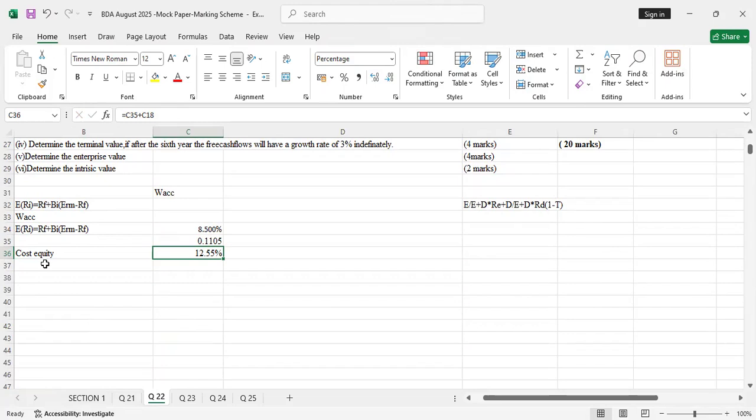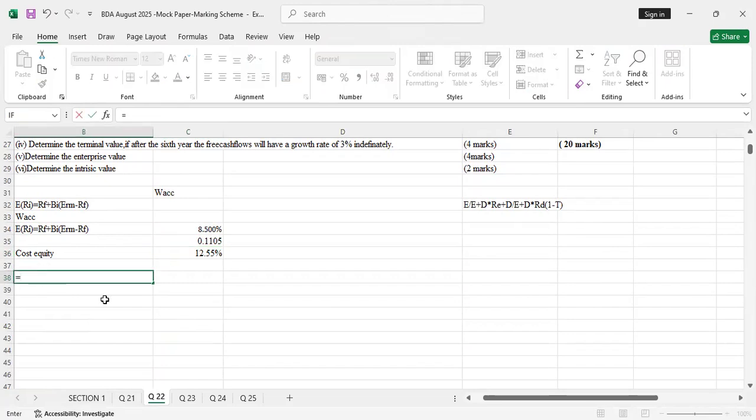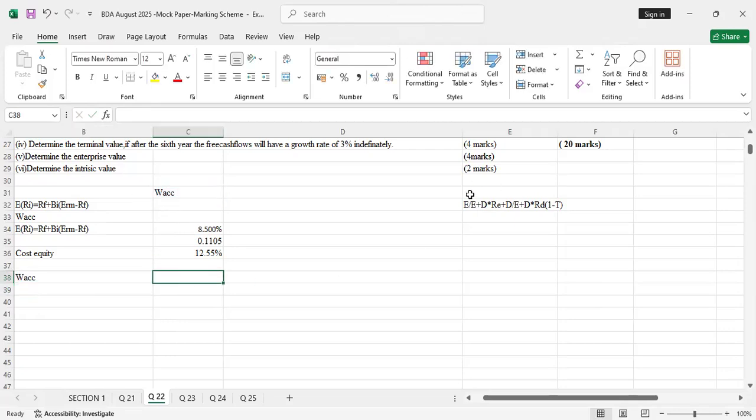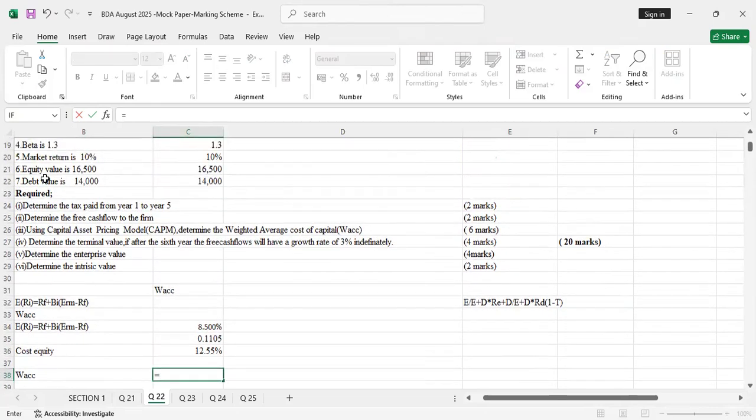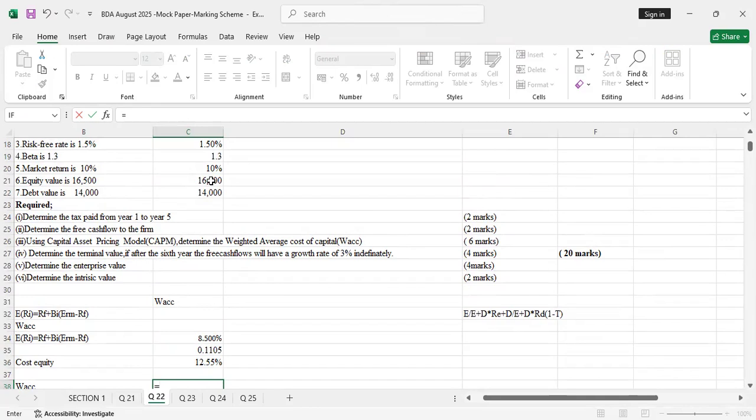Therefore, now we can calculate what? Our weighted average cost of capital. So we come here and pick WACC, and the formula is there. So the value of equity, I'll say equals the value of equity. So equity value is 16,500.